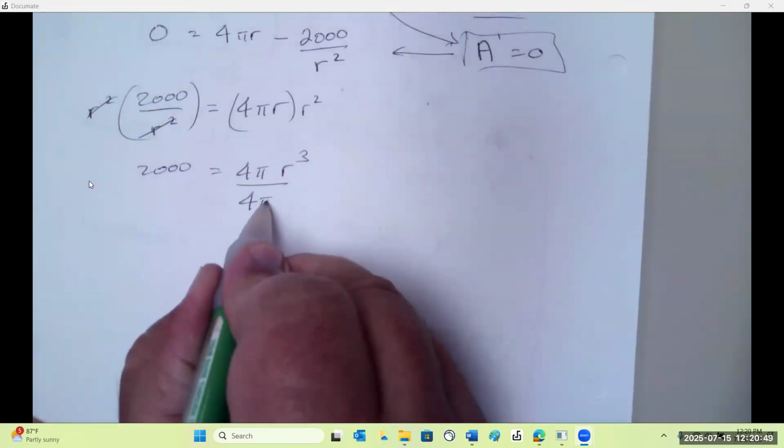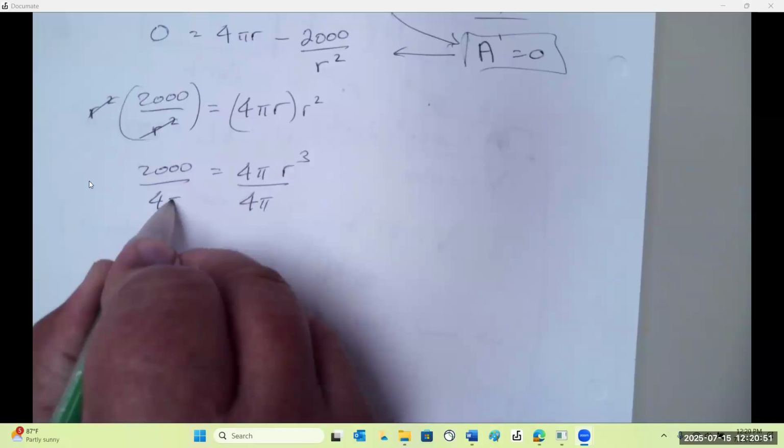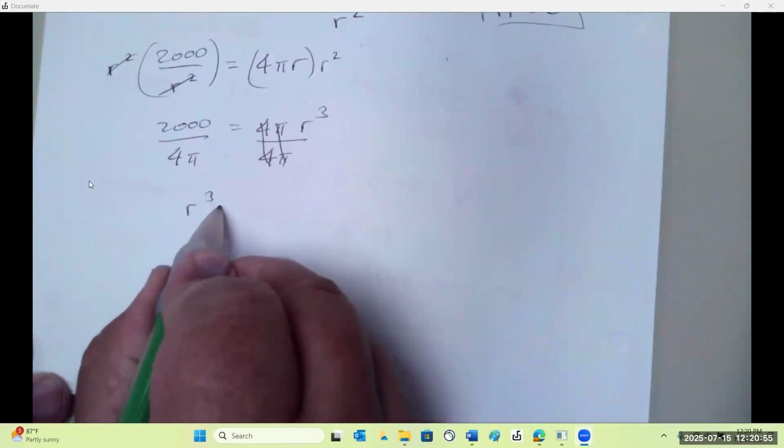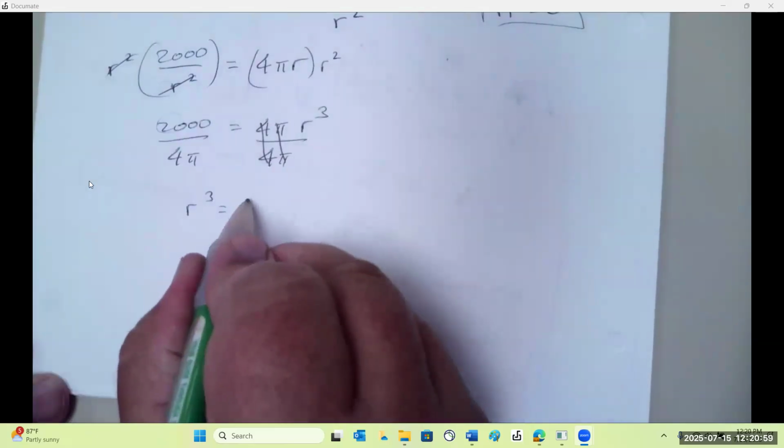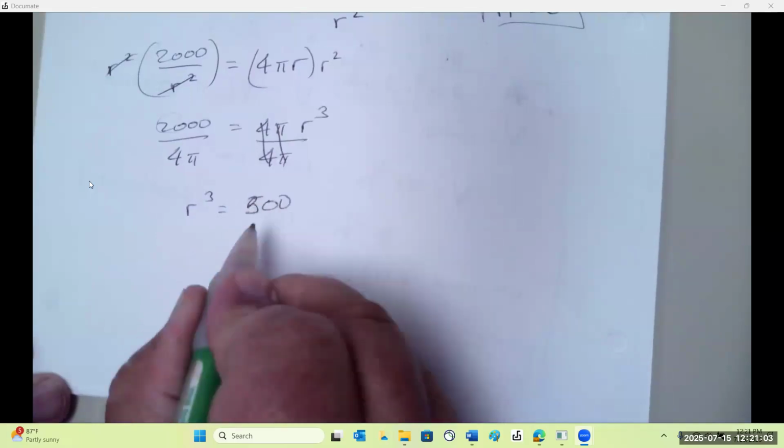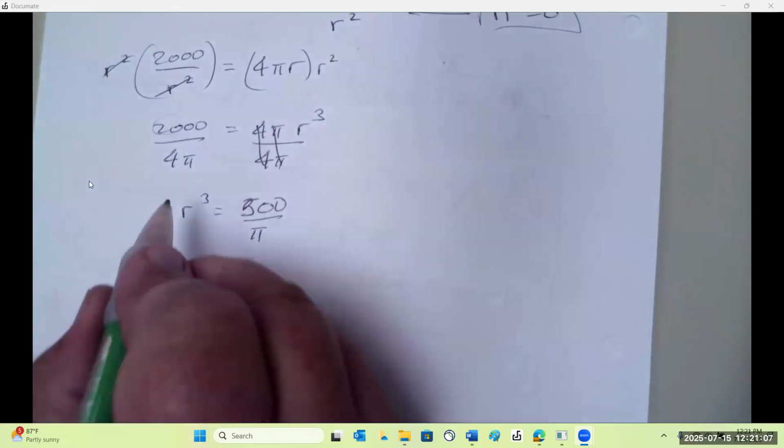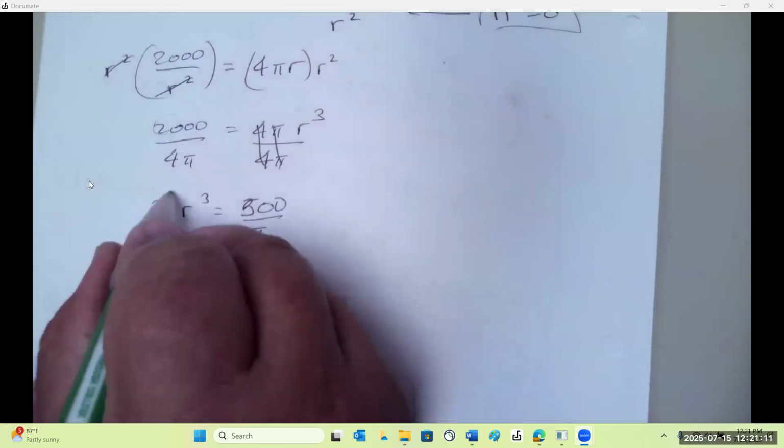Divide by 4 pi. So R cubed is equal to 4 goes into 2000, 500 times, over pi. To get R by itself, we cube root both sides.